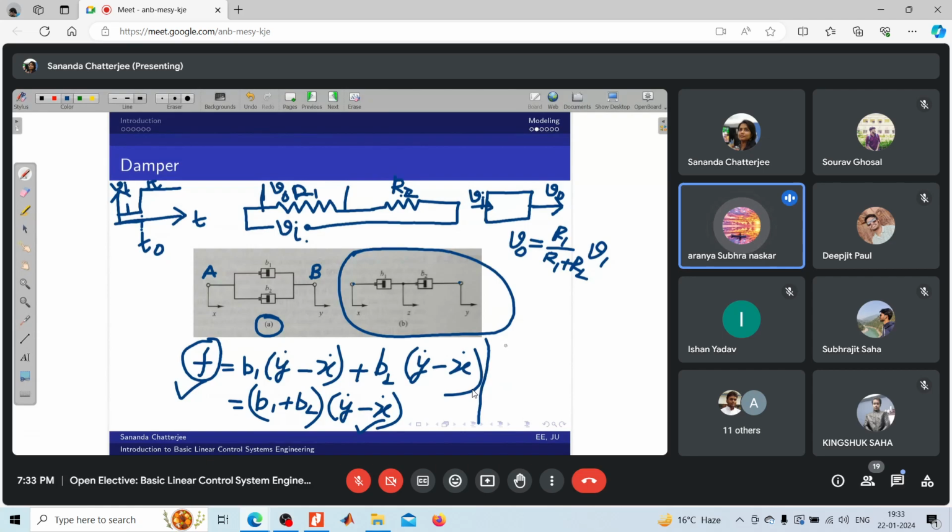But I am asking for the equivalent damping ratio from x to y. I guess 1 by B equivalent equals 1 by B1 plus 1 by B2, so B equivalent will be B1 into B2 by B1 plus B2.